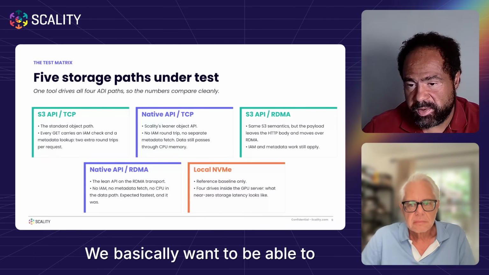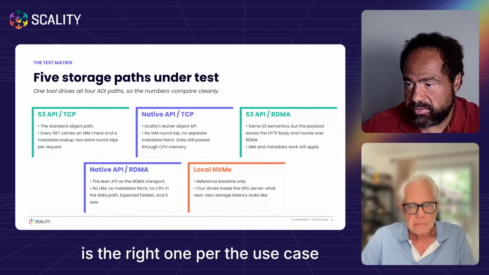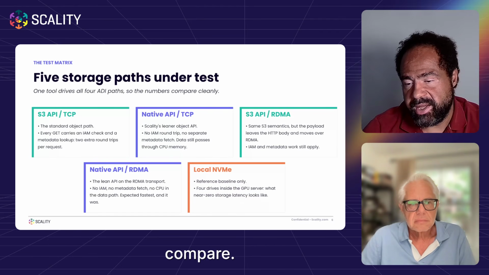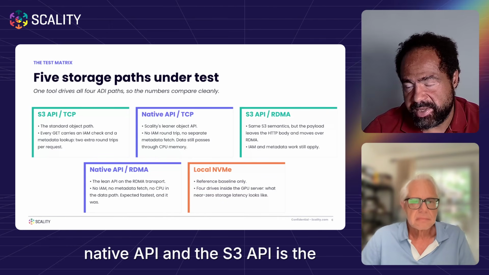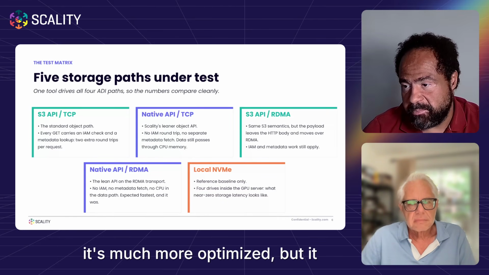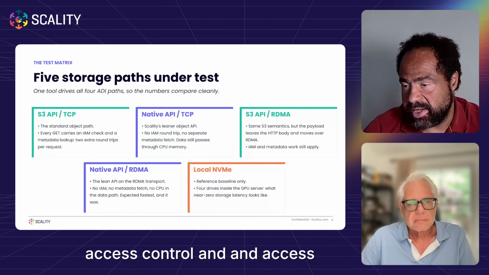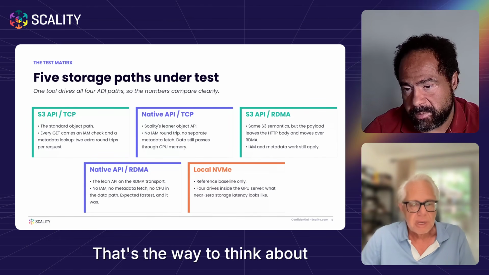We basically want to be able to tell our customers which interface is the right one for their use case, so it was very interesting to compare. The difference between the native API and the S3 API is that the native API has much less overhead. It's much more optimized, but it has less granularity in terms of access control and access management. Okay. That makes sense. It's a leaner object storage API. That's the way to think about it.